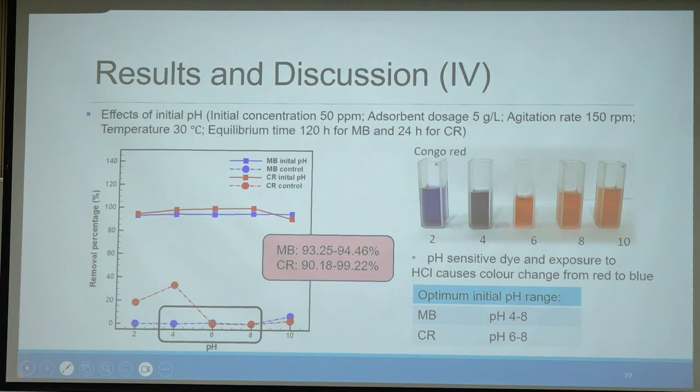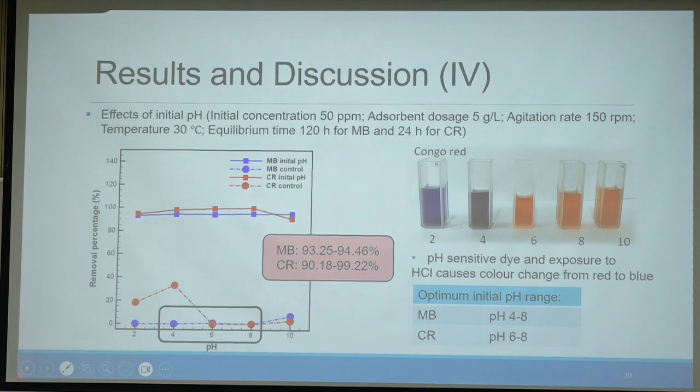So here we just look at the initial pH. We also study the effects one by one, to see what the correlation is between these effects. The first effect we study is the pH, with an initial concentration of around 50 ppm.